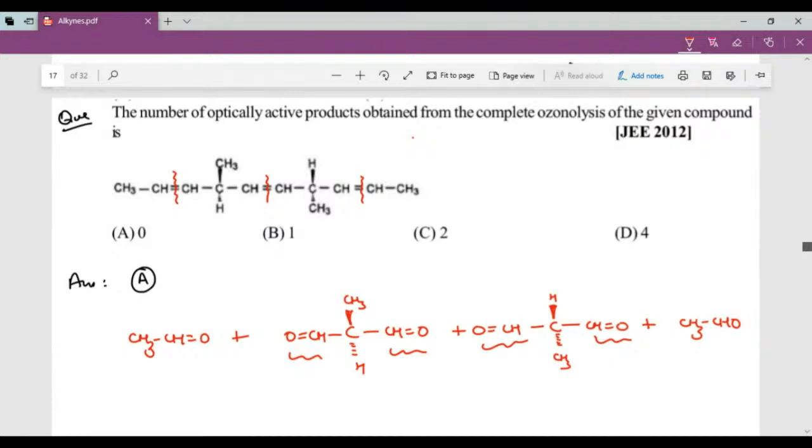As a result of this whole thing, the overall answer is 0 because none of the products formed is chiral. Is it okay?